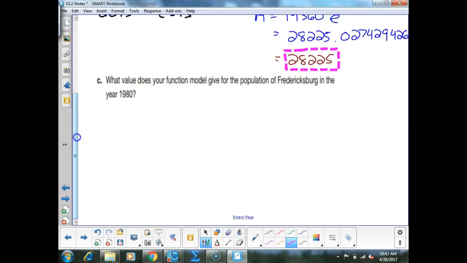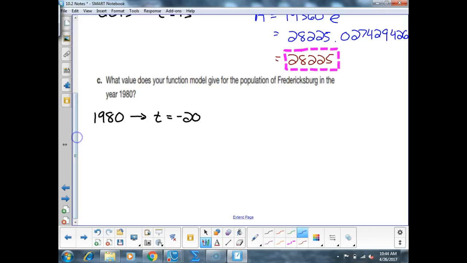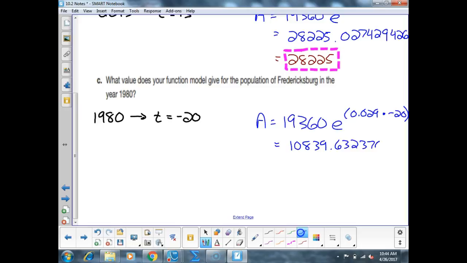In C, what is the year 1980 in terms of t? -20. So my A equals 19,360 times e to the 0.029 times -20, which is going to be 10,839.632376,706 people.